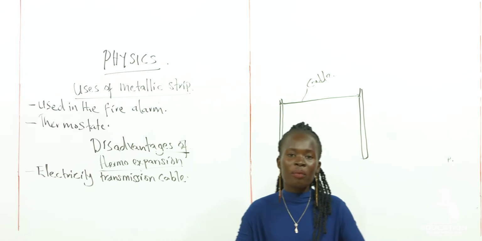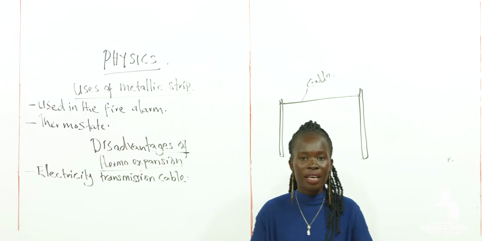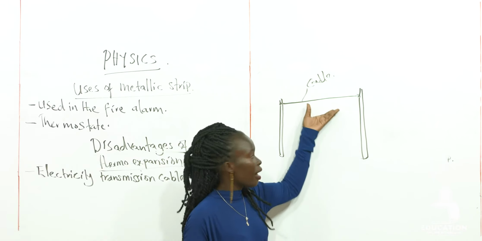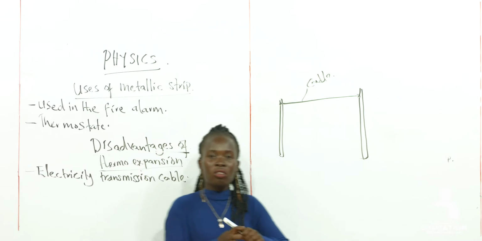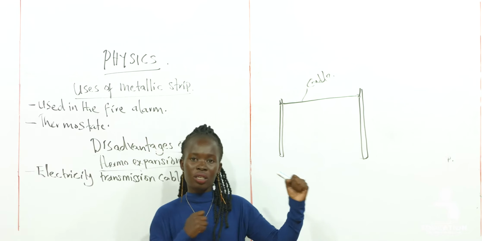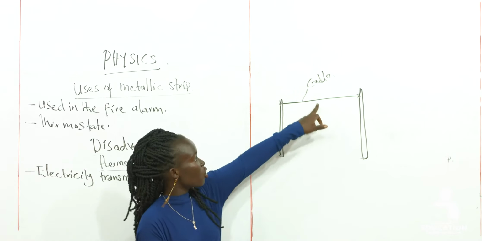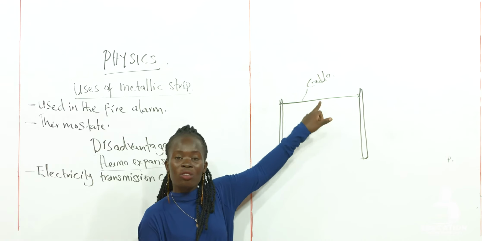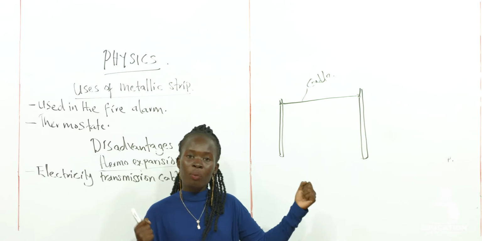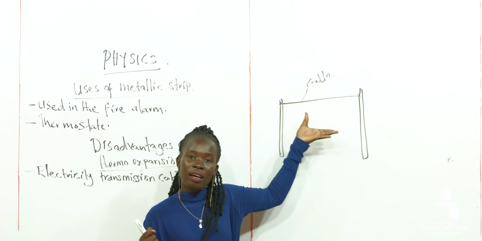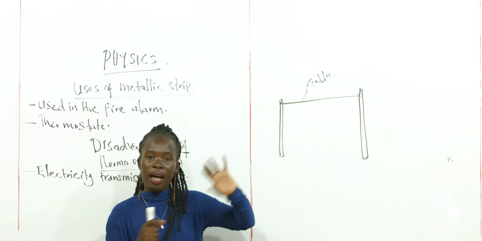But when it becomes hot, what happens? This one will expand, and when it is expanding, it is going to create tension. There will be very high tension in the wire, and this cable can easily break. So expansion due to heat can cause the transmission cable to break.